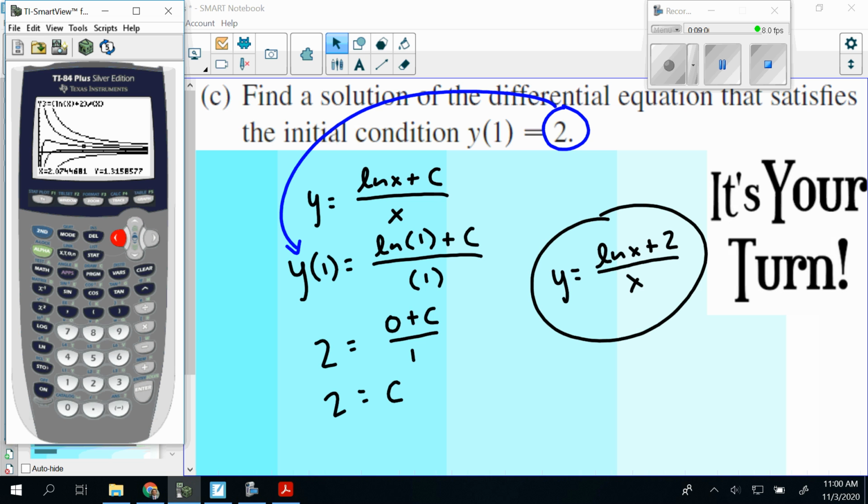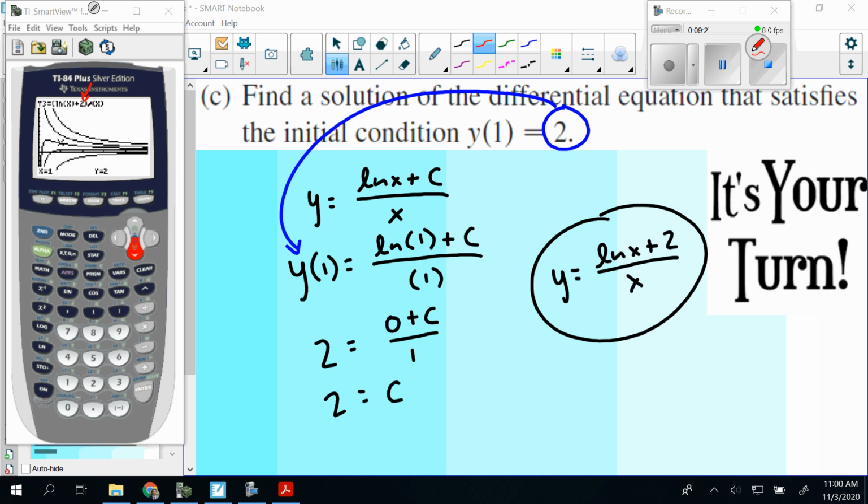Oh, looks like I'll have to do it this way. If you go to calculator, you can evaluate the value here. So I'm going to evaluate this one at 1. And you can see that, oh, wrong one. There we go. On this graph where the constant does end up being plus 2 there, you can see 1, 2, it does pass through that point on the graph.